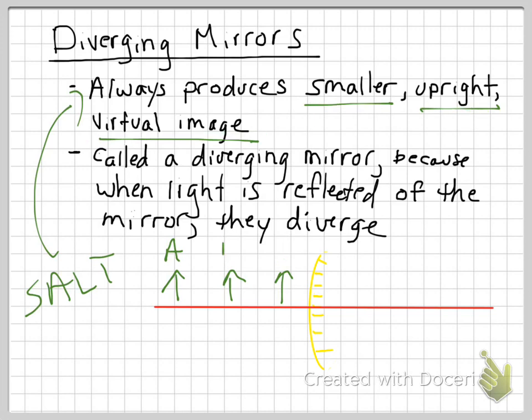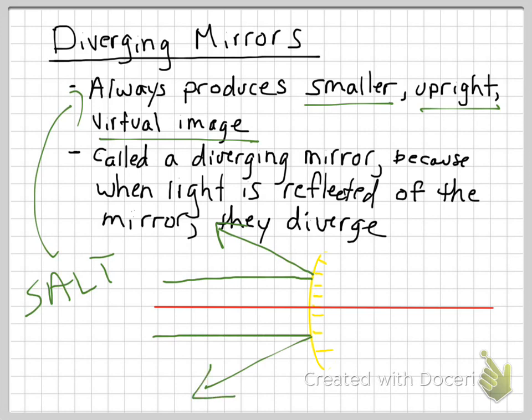Now, they're called diverging mirrors because when the light comes in, it reflects off the mirror in such a way that the rays spread apart. So you'd have a ray that is parallel to the principal axis, and then when it reflects, it spreads further apart, so this distance becomes greater.